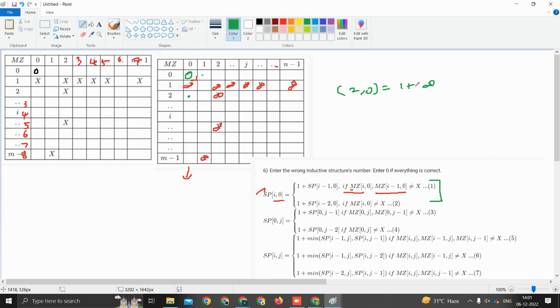So if it is not equal to x, then you add 1 to it. But even if you add 1 to it, how does it matter, because as is we have infinity? That'll make no difference. I'm coming to that point. I'm just trying to see this.